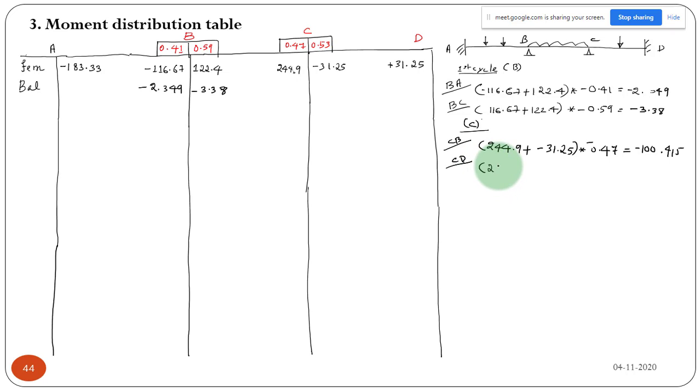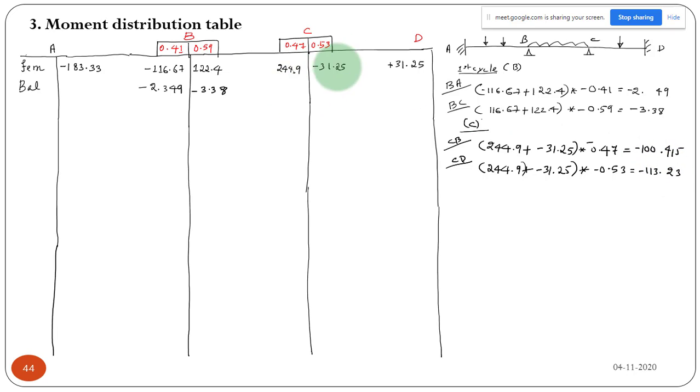And what is it for CD? That is 244.9 plus minus 31.25. Multiply with minus 0.53. So you will get this value as minus 113.23.